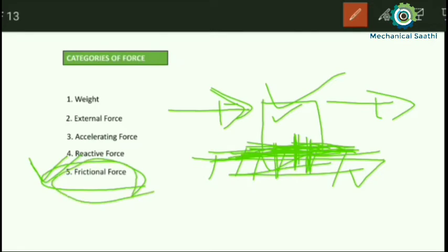Frictional force will come into account when your body is moving. So it is not the case of equilibrium or rest condition. It is the case of moving condition, that means the dynamics condition.